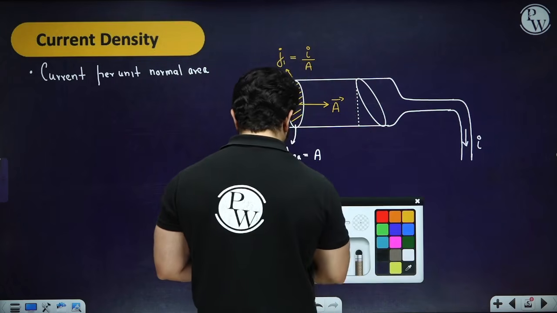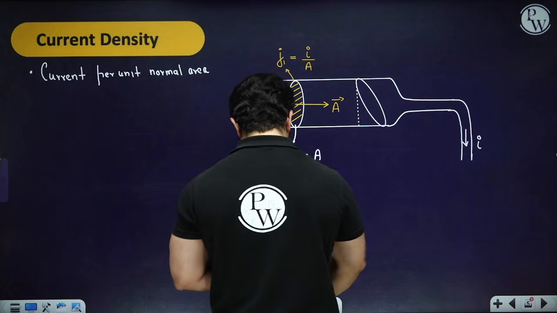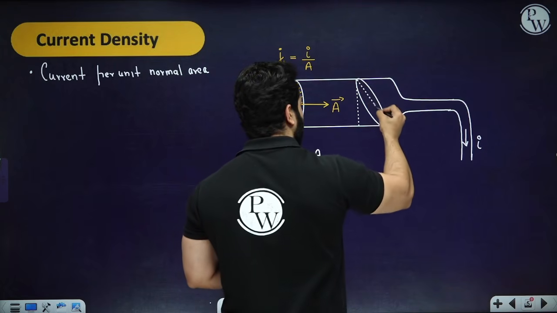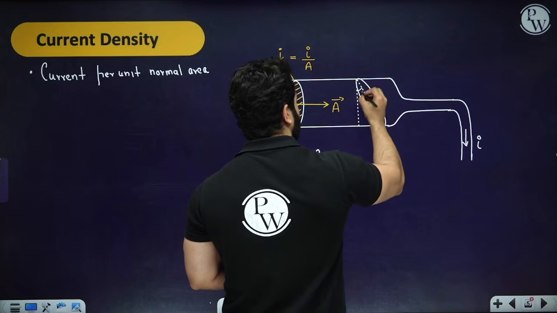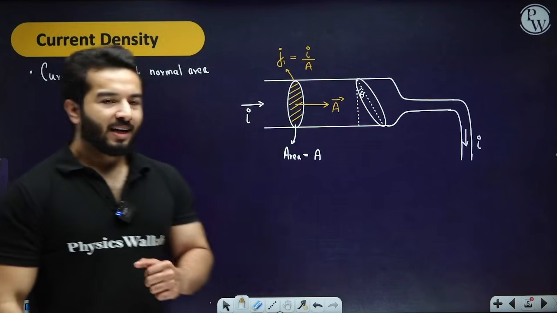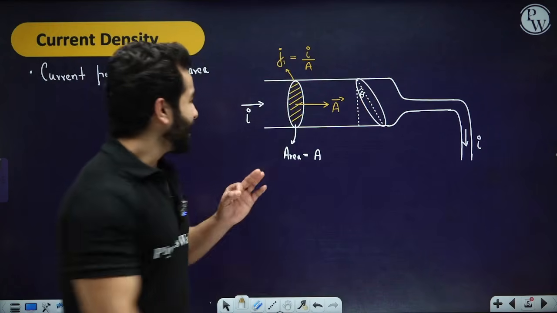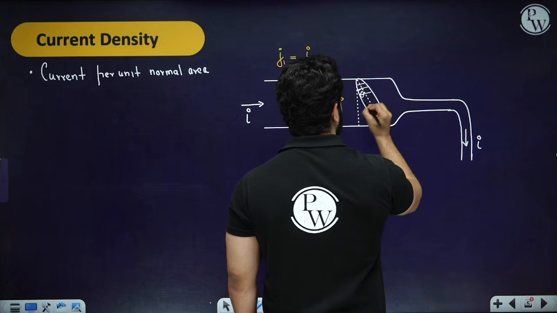This angle by which I have tilted it is theta. Now this whole surface has area A.